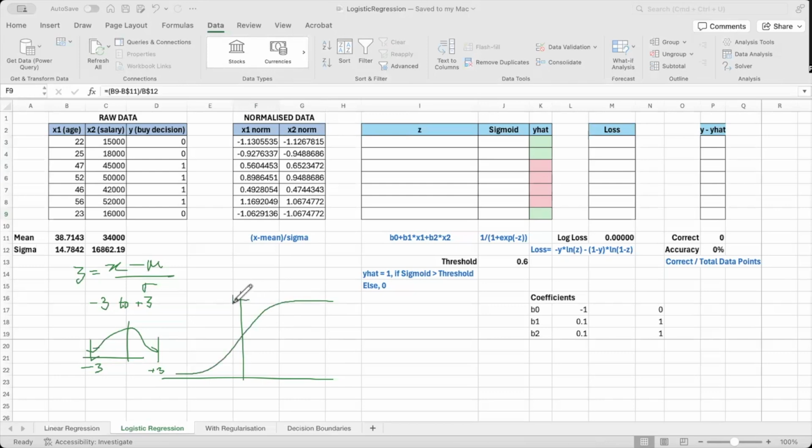So what is the sigmoid function? The sigmoid function f(x) is equal to 1 divided by 1 plus e to the power minus x. E is the exponential. So this is a sigmoid function.